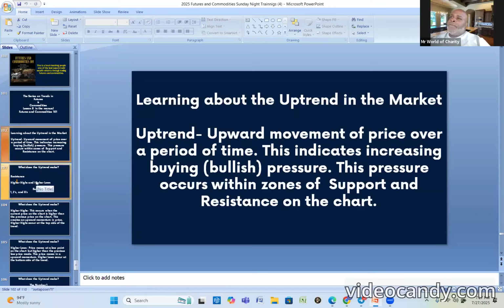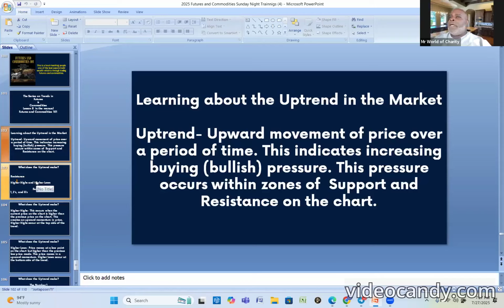And that's very, very true. The uptrend lets us know that the market is trading to the upside, and it indicates that there's an increase of buying.